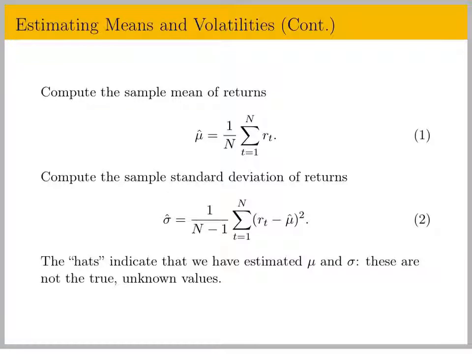The true mu and sigma I will refer to purely as mu and sigma. But when we estimate them, I will put something on them like a hat or a bar to indicate that they are the estimates of the unknown truth. We will never know the true mu and sigma for any asset, but we can estimate them using historical returns.